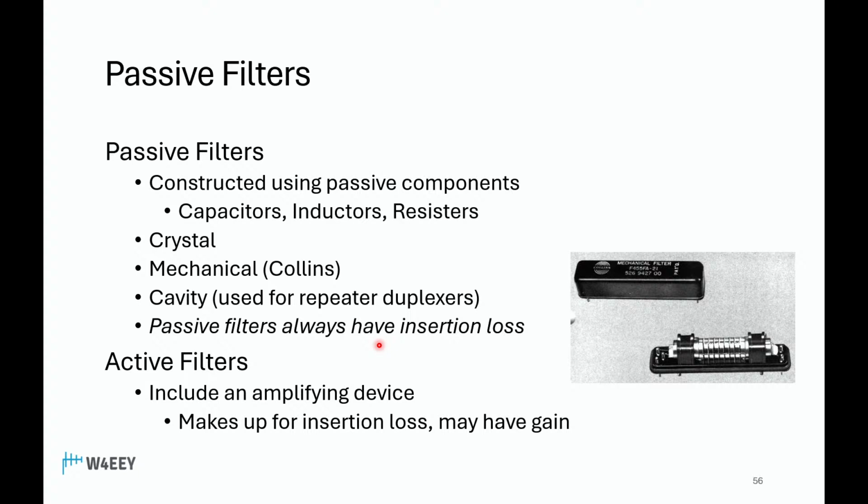Because they're passive, they have nothing powering them. So they can work their magic, but there's going to be less signal coming out of a passive filter than what's going in. Active filters will have an amplifying device built in, and they'll make up for insertion loss. They might even have gain. Here's a picture of a mechanical filter over here.